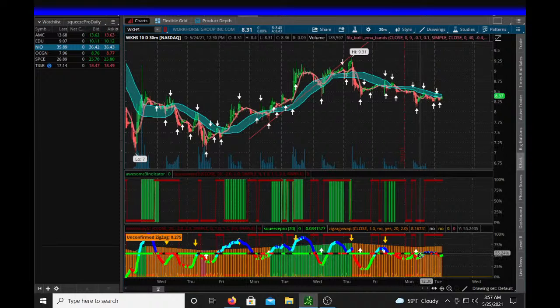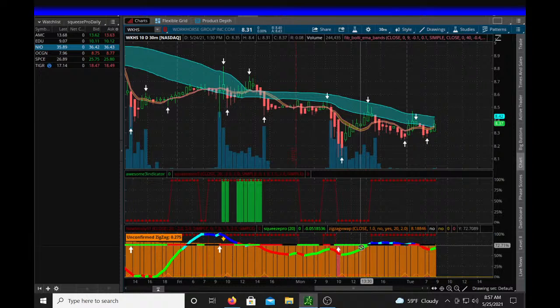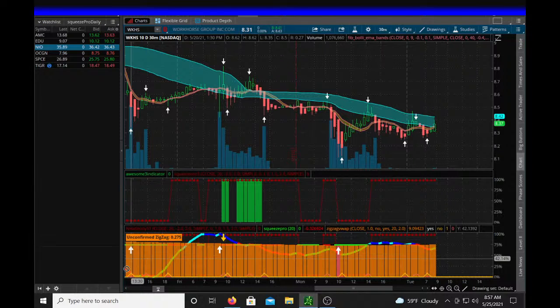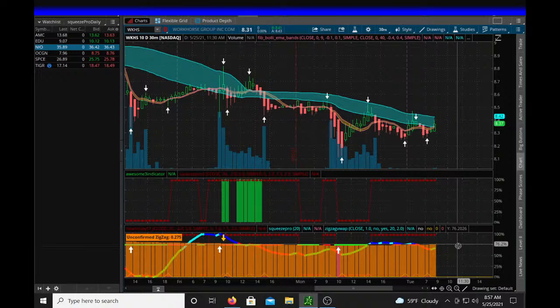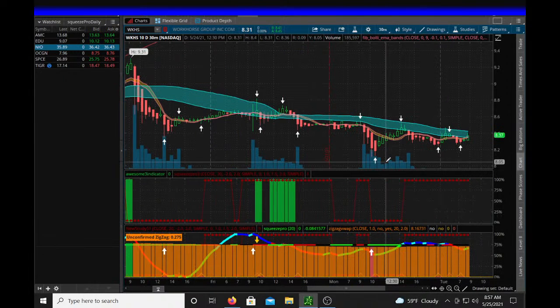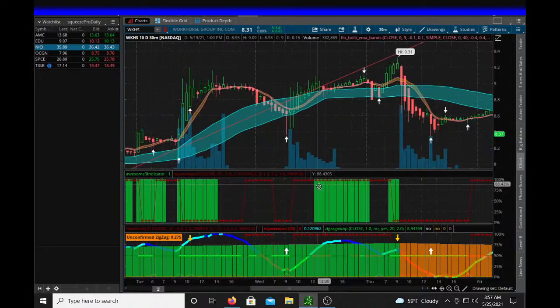So I've got the squeeze bar down here with the squeeze, but I've removed the rest of the squeeze indicator. Actually, this line here is probably the TTM squeeze. And it looks like this top indicator, I was trying to locate squeezes and good entry points.